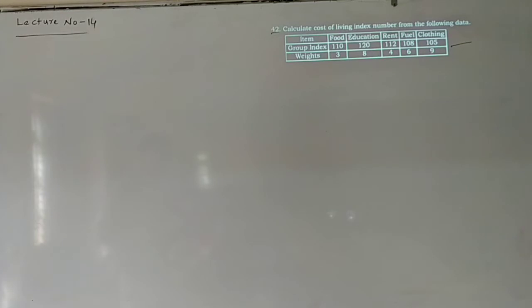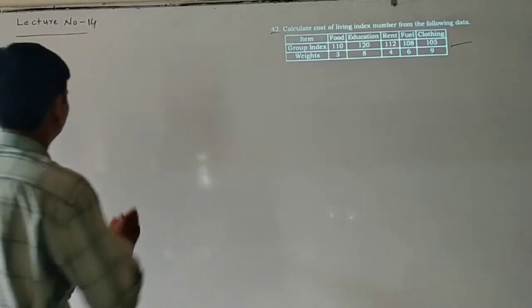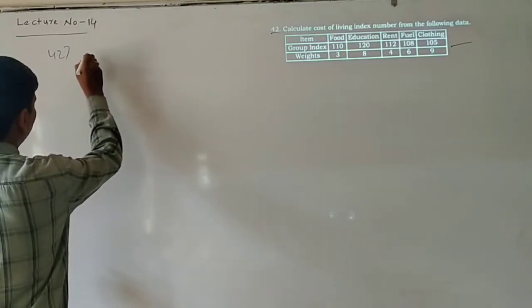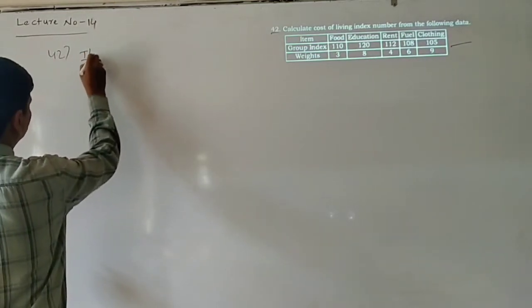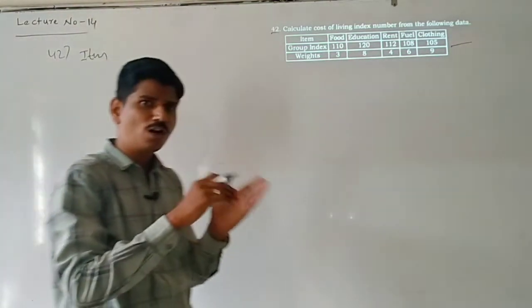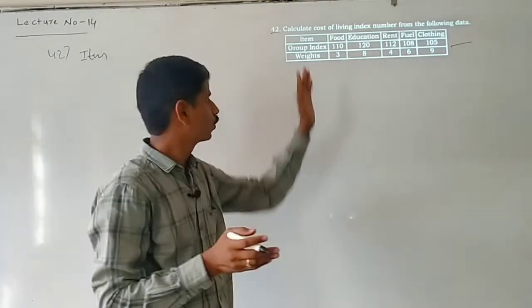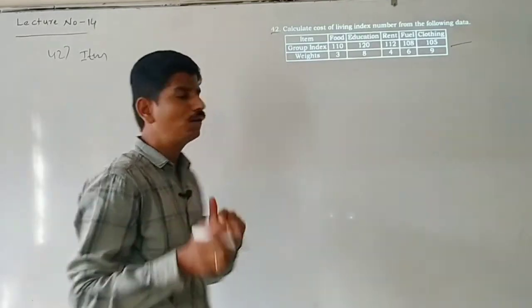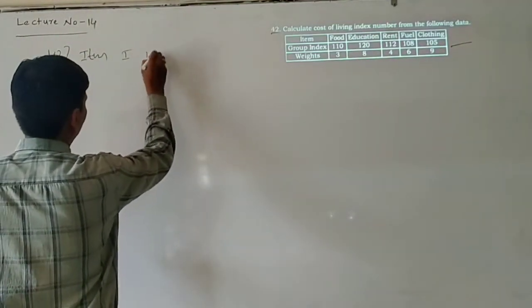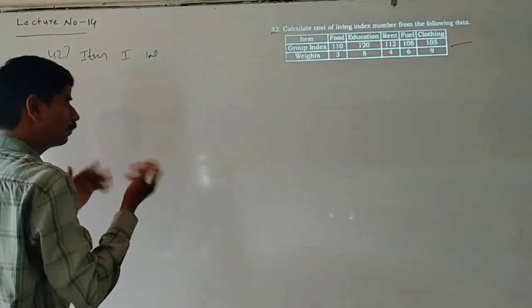Calculate cost of living index number from the following data. Here they are given item group index with respect to weights. First let us write down the items. Group index is denoted by I or P, and weight is W. It's your choice, you can take I or P, anyone.